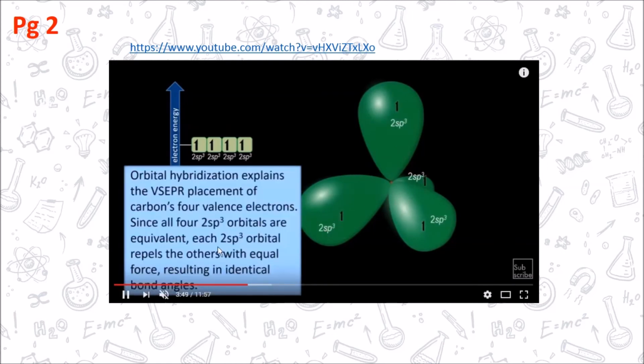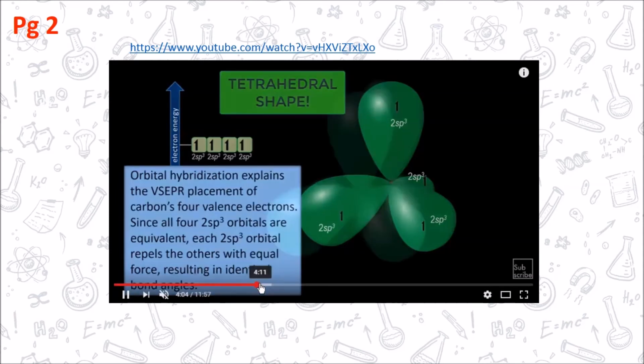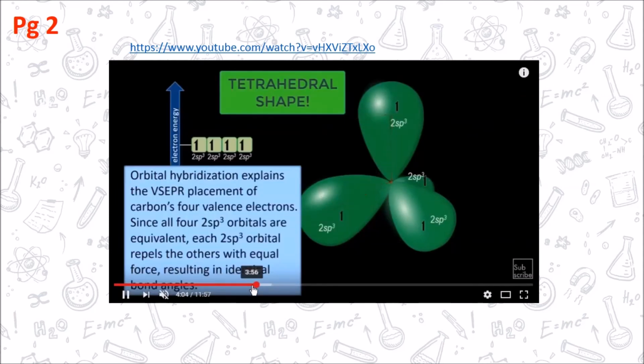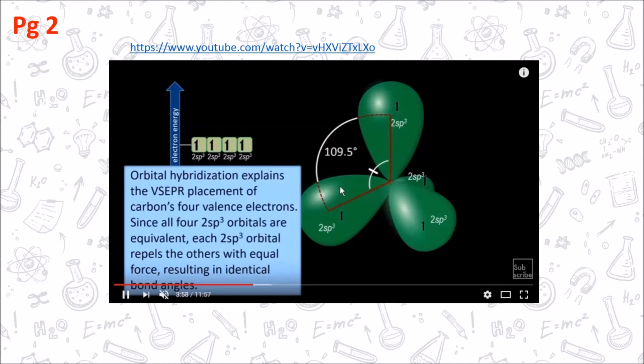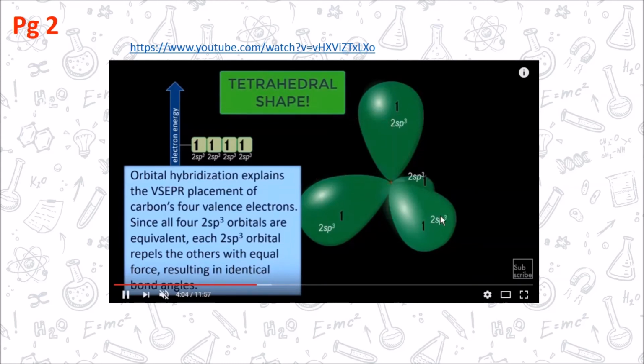You can see that they are now equivalent and they are 109.5 degrees away from each other. Let me rewind a bit. You can see the 4 sp3 hybrid orbitals are 109.5 degrees away from each other, which is the bond angle that I want for my methane molecule.